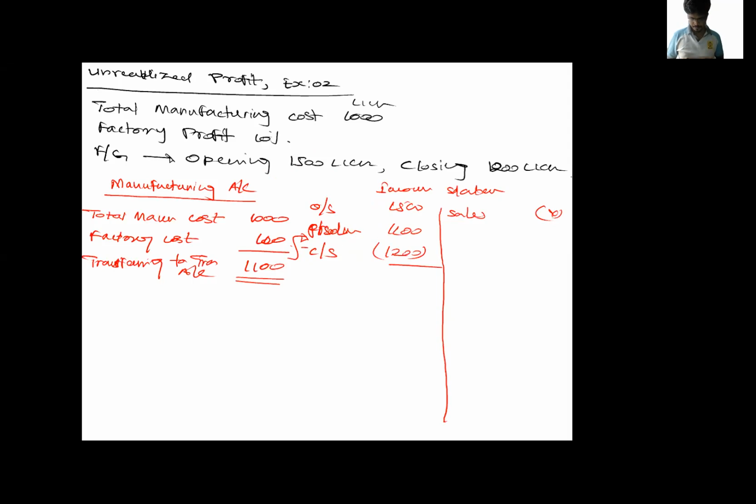Okay, 1500 plus 1100 minus 1200, then value is 1400. Then we can have the gross profit.